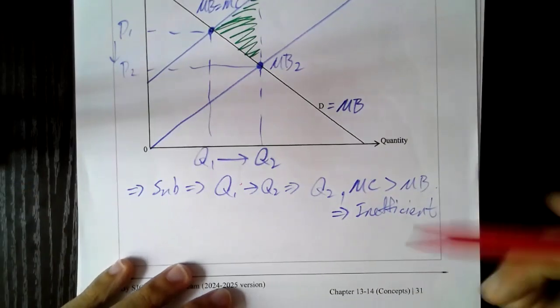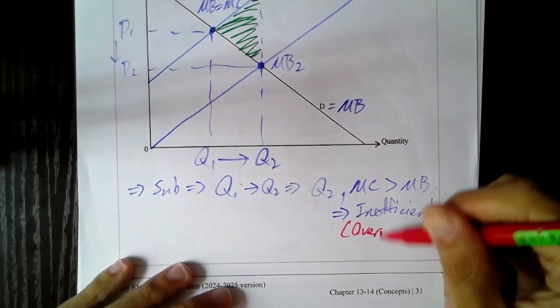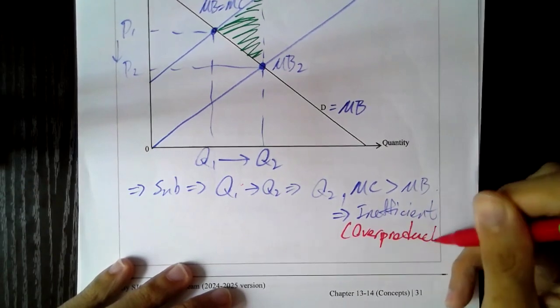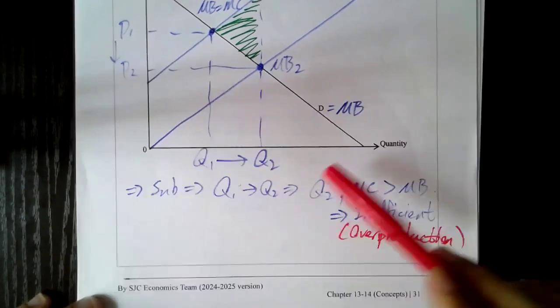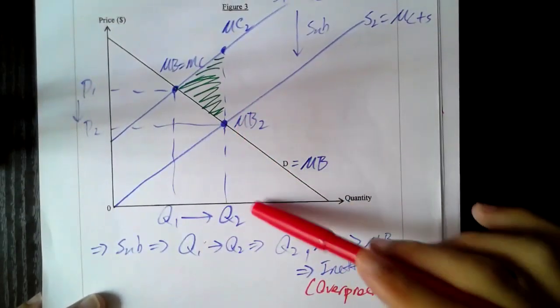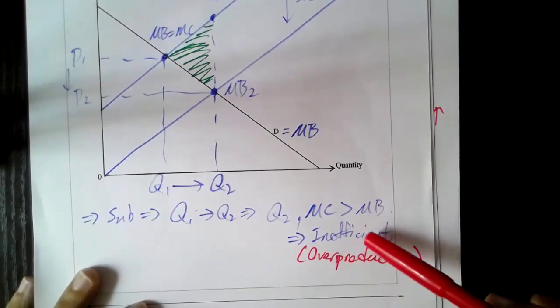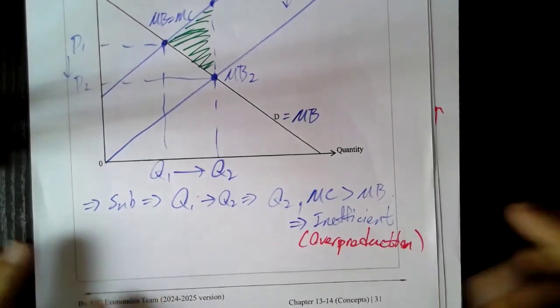In fact, if you remember, we call this overproduction. So that's how you answer it. We just need to point out MC is larger than MB at the new quantity. Therefore, it is inefficient overproduction.